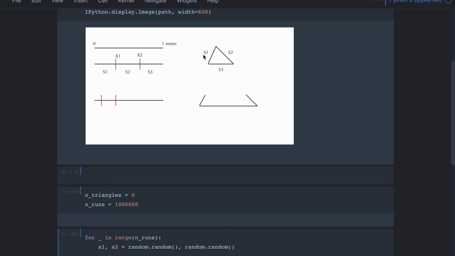For example, s1 plus s3 should be larger than s2. Similarly, s1 plus s2 should be larger than s3, and finally s2 plus s3 should be larger than s1. Which means the sum of any two segments must be larger than the remaining third segment. That's the criterion for three lines to form a triangle.